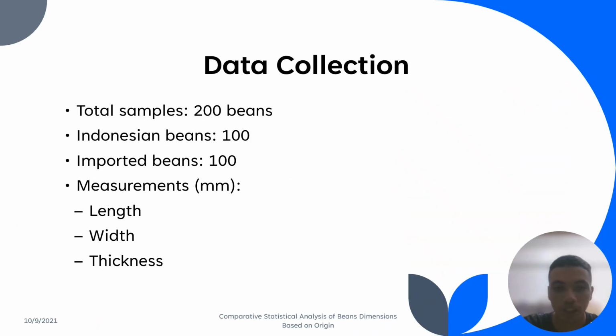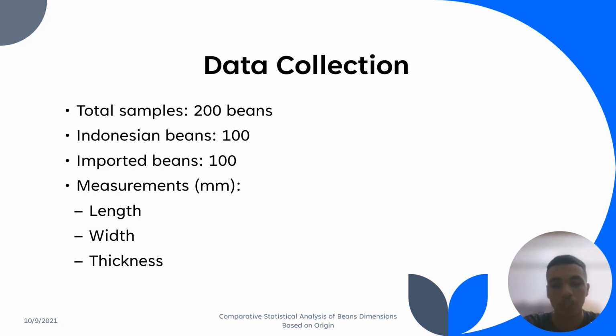So now the data collection. The data set was obtained through direct observation. A total of 200 bean samples were collected, by the way, from a supermarket store in Bandung, consisting of 100 Indonesian beans and 100 imported beans to ensure a balanced comparison.